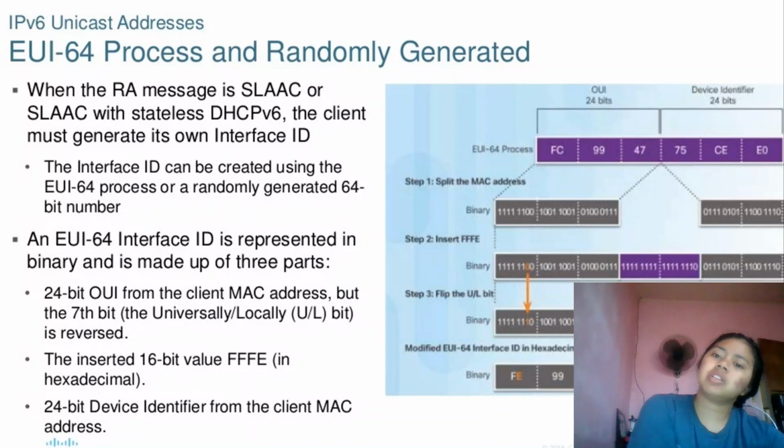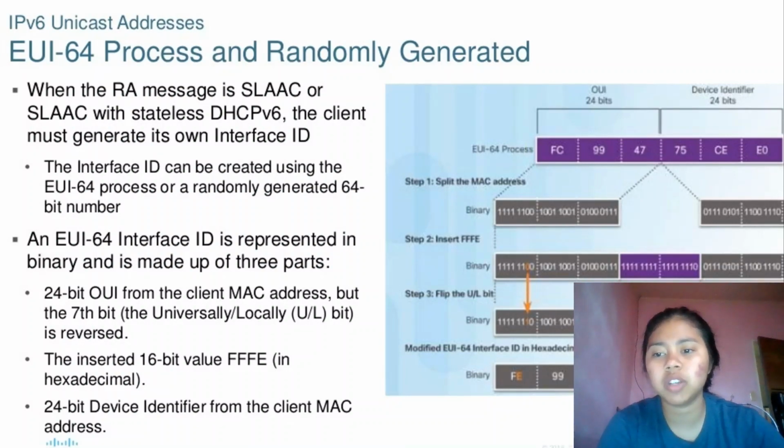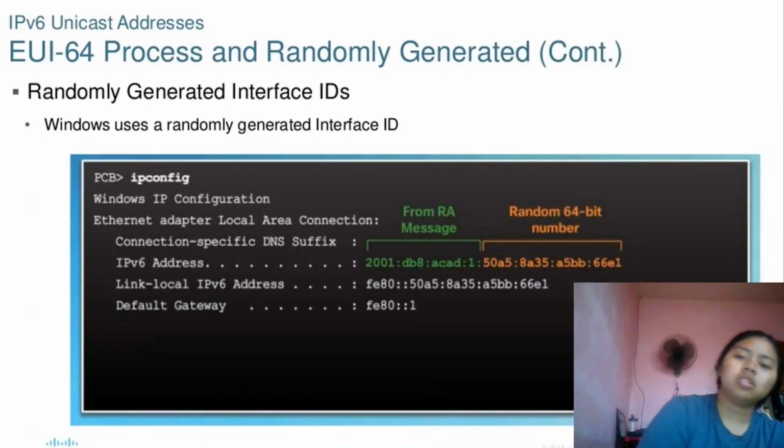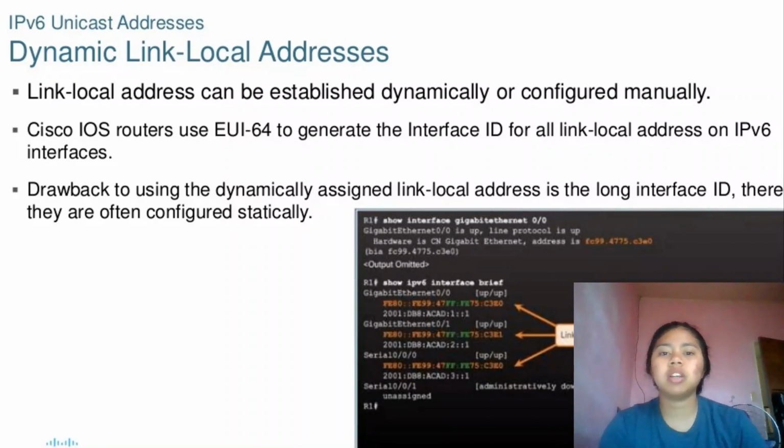When the RA message is SLAAC or SLAAC with stateless DHCPv6, the client must generate its own interface ID. Dynamic link-local address: a link-local address can be established dynamically or configured manually.